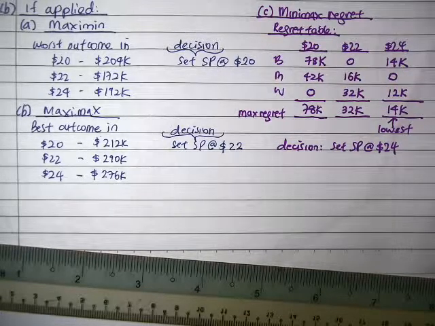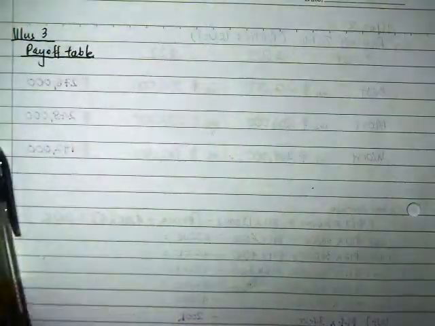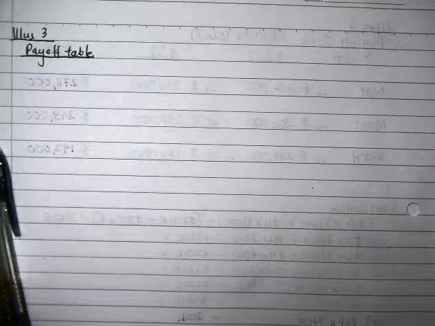How many bread should the baker bake? Assuming he applies Maximax, Maximin, and Minimax regret. So same thing. You cannot do this until you have a payoff table. So you try this. Work out a payoff table for the baker.